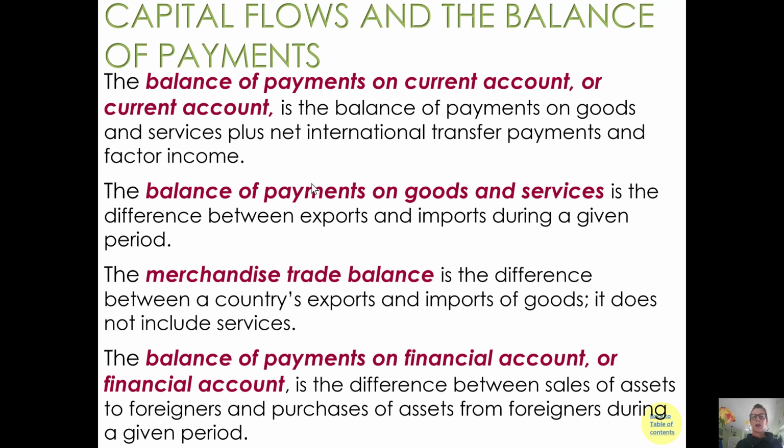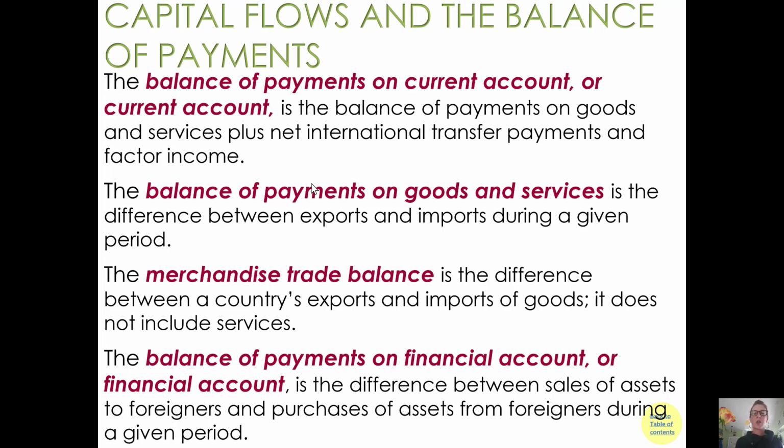How do we sort of make sense of all the terms here? Well, the balance of payments on the current account, which is also called just the current account, is that balance of payments on goods and services plus net international transfer payments and factor income. So it's the payments that go for trades of goods and services, and then the balance of payments on goods and services alone is just the goods and services without the transfer payments and factor income.